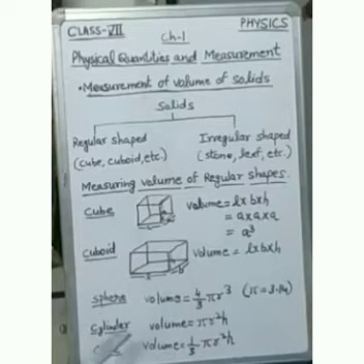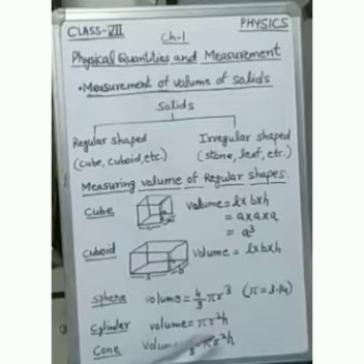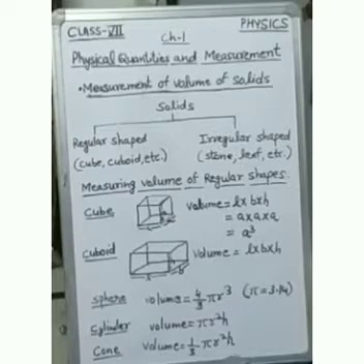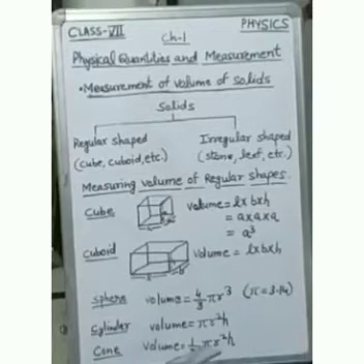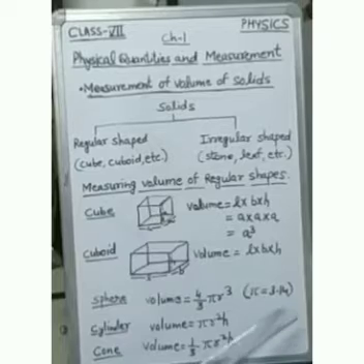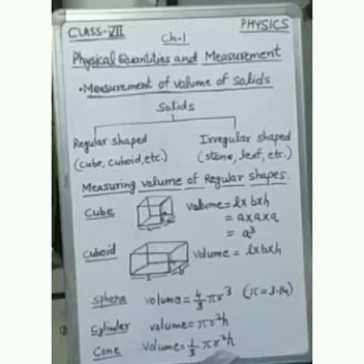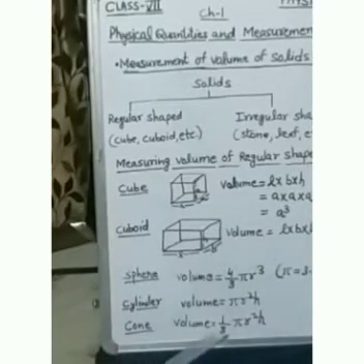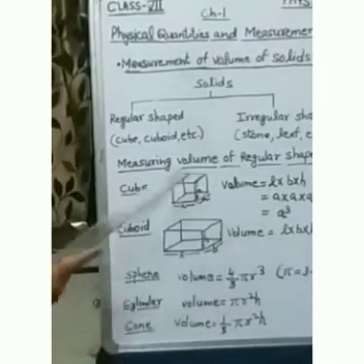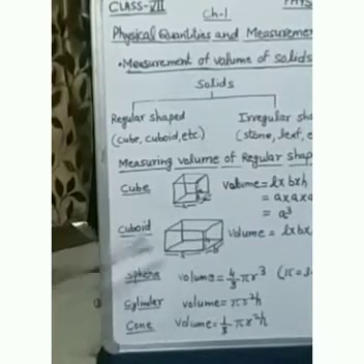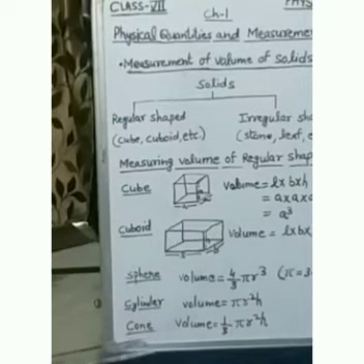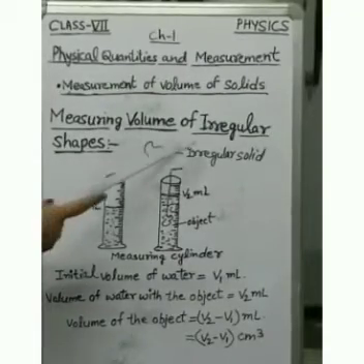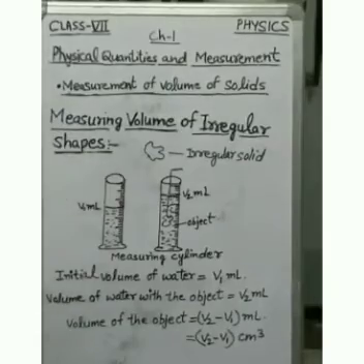Now volume of a cone is equal to 1 upon 3 pi r square h. Value of pi is equal to 3.14, r is radius and h is height. So with the help of these formulas, you can calculate the volume of regular shapes like cube, cuboid, sphere, cylinder or cone.